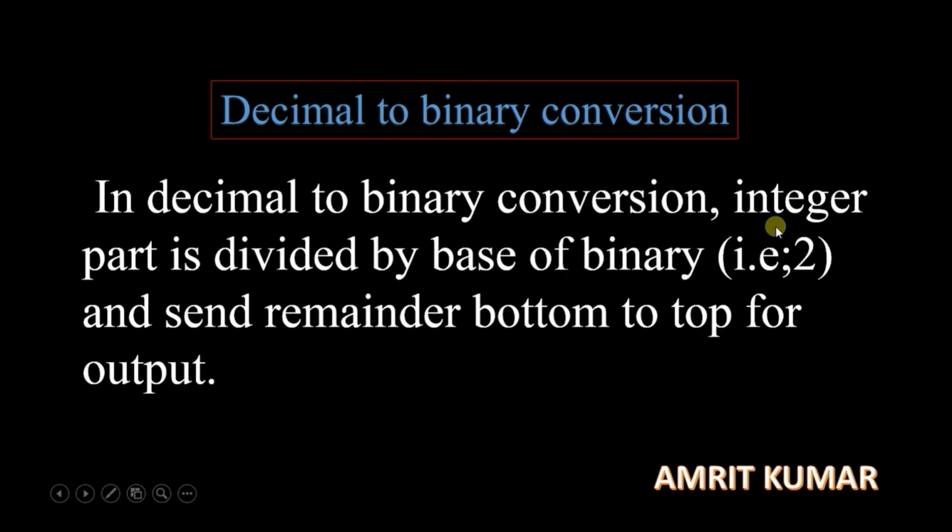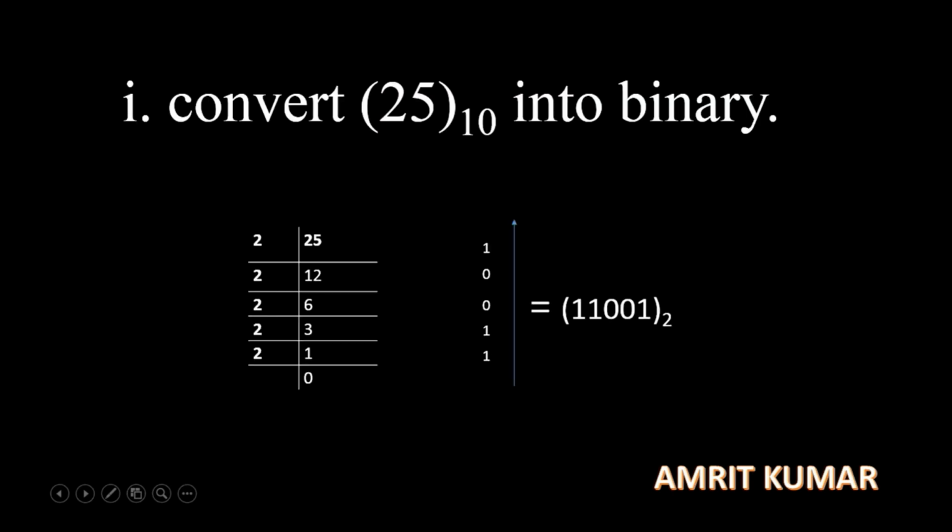What we have performed here is dividing the integer part by the base of binary, which is 2. Therefore, we get the output in binary form.